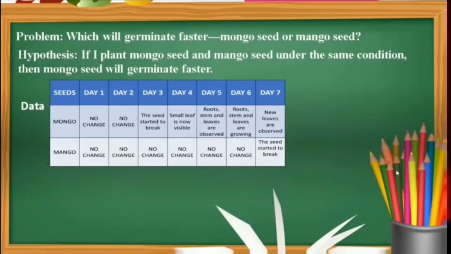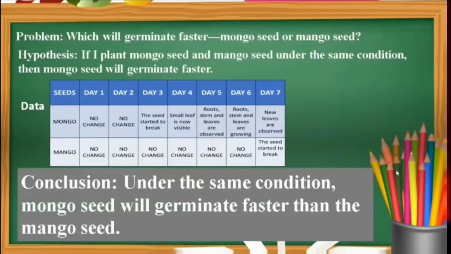Based on the data gathered, the conclusion will be, under the same condition, mongo seed will germinate faster than the mango seeds because the mongo seed started to develop into a small plant during the day 3, while the mango seed change was observed during the day 7.